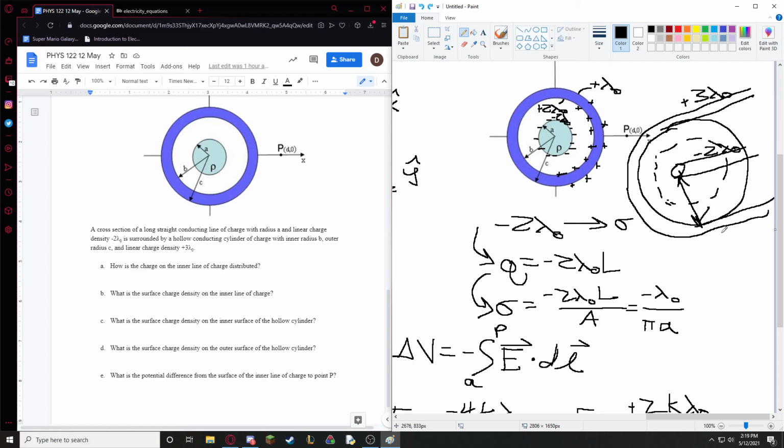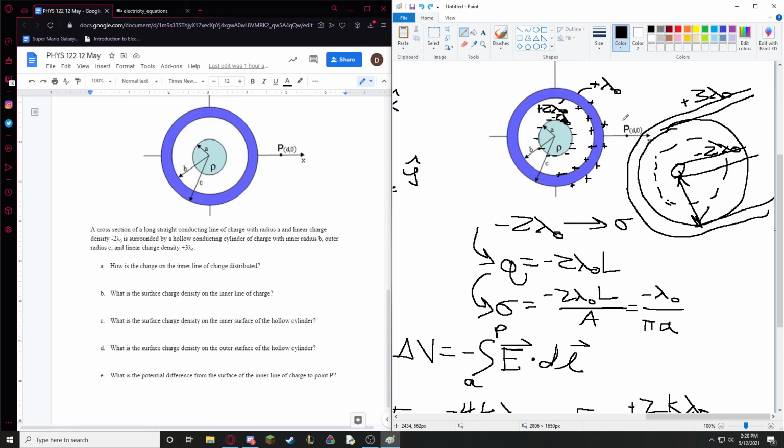E dot dA is equal to Q enclosed over epsilon naught. If we draw our Gaussian surface in between the two of them, what charge is enclosed? Negative 2 lambda naught. Literally just the negative 2 lambda naught. Everything else is outside of it. Doesn't matter. We ignore it.